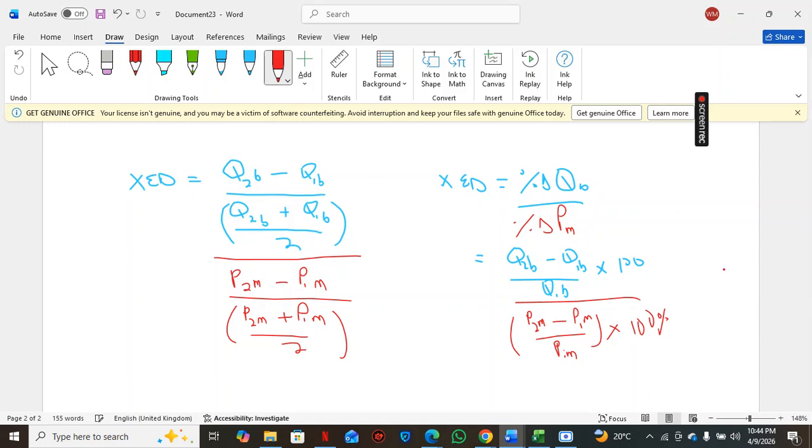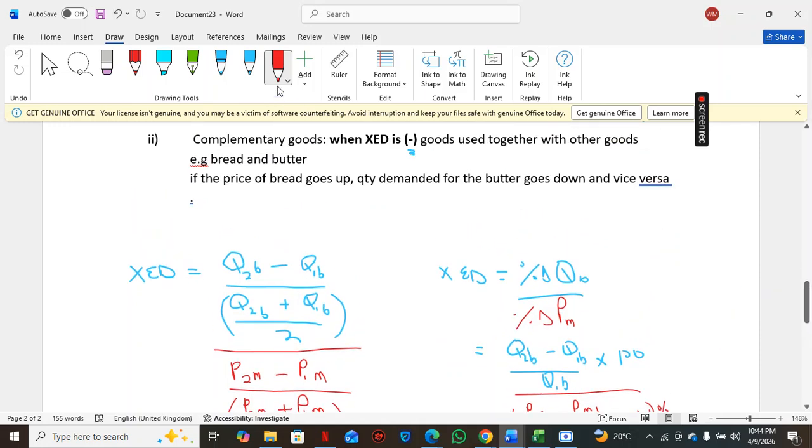So we get our new price of meat and old price of meat. Whenever you're doing these questions, regardless of which formula you use, you always have to get the new price, old price, new quantity, old quantity.